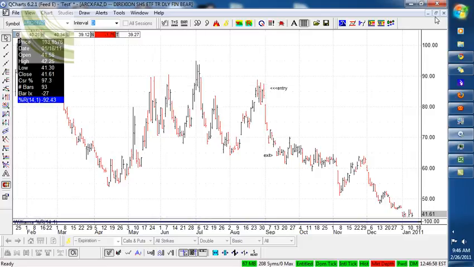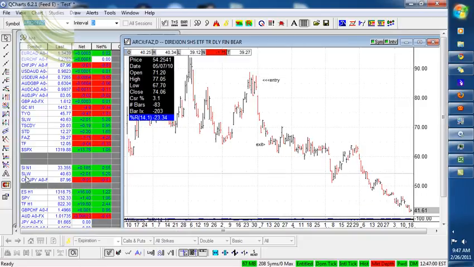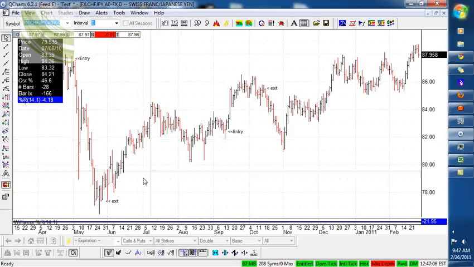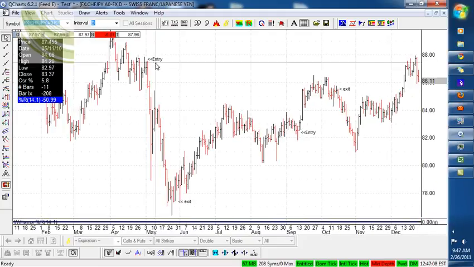Okay, let's see some other situations using the exact same mechanical parameter. So using the exact same mechanical parameter on this one here, this is currencies. Currency spread of Swissy over yen would have had you selling here with a stop right above here, exit there, buying here with a stop right below there, and exit in this area here.